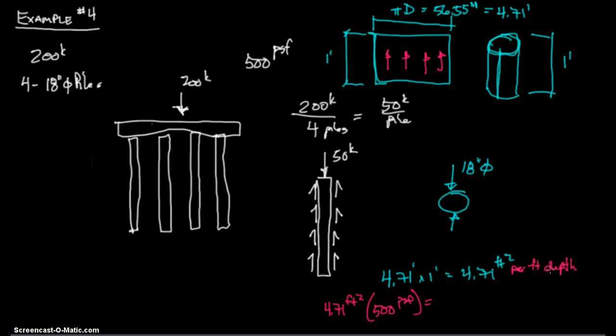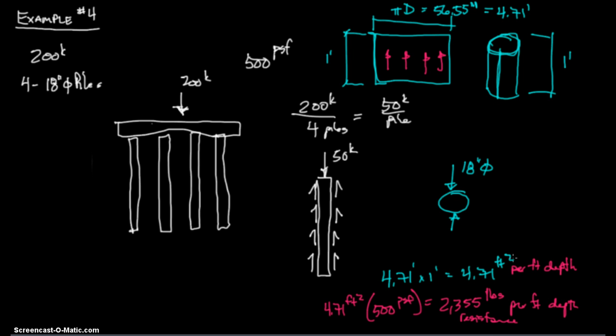So for every foot of depth, we are going to have 4.71 times 500, which is 2,355 pounds. And that's per foot of depth. This is resistance. So we're going to have 2,355 pounds of resistance per foot of depth.